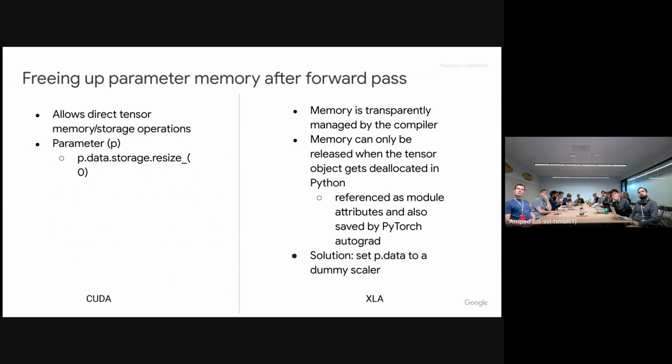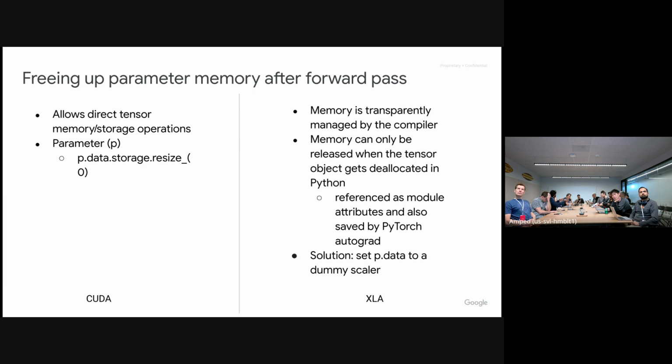The second difference is in terms of memory handling, because you're trying to do something which is very outside the typical programming model of XLA. The typical programming model of XLA is you express computation, you share your intent of partitioning, and the compiler is going to do all the heavy lifting for you.